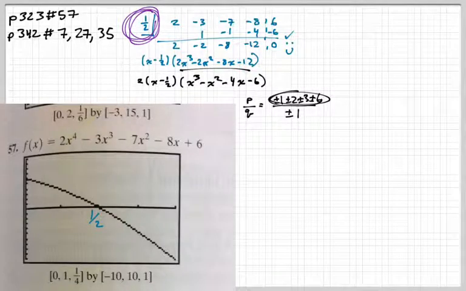Now, check this out. I want to talk about Descartes' rule again. Sometimes you can use it and it's really fast and easy. If you look at this, the sign changes right here, so that's a yes. But then we get a no, a no, and that's it.